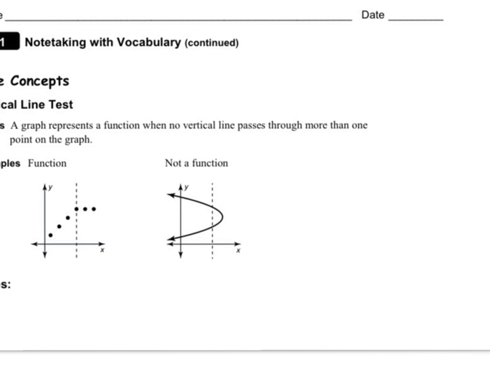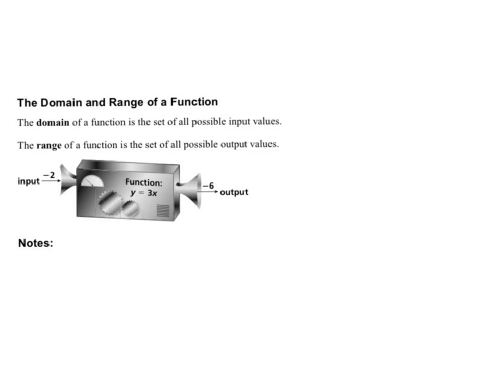So just to review, you have your two examples of the vertical line test, where it is a function and where it's not a function. We've already discussed that in some of our examples. And then you also have this example here, the next one is showing domain and range, and that's the next thing that we're going to get into, is defining what domain and range are of a function.